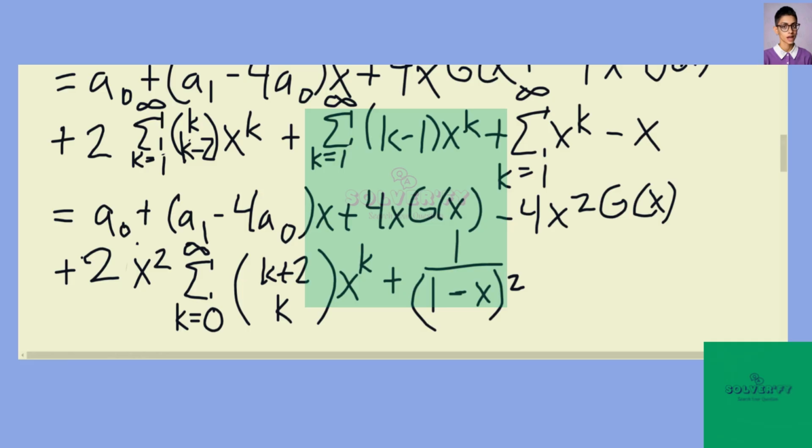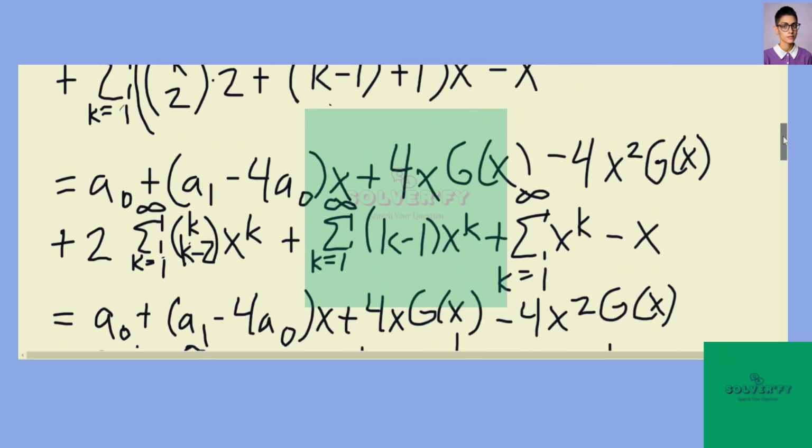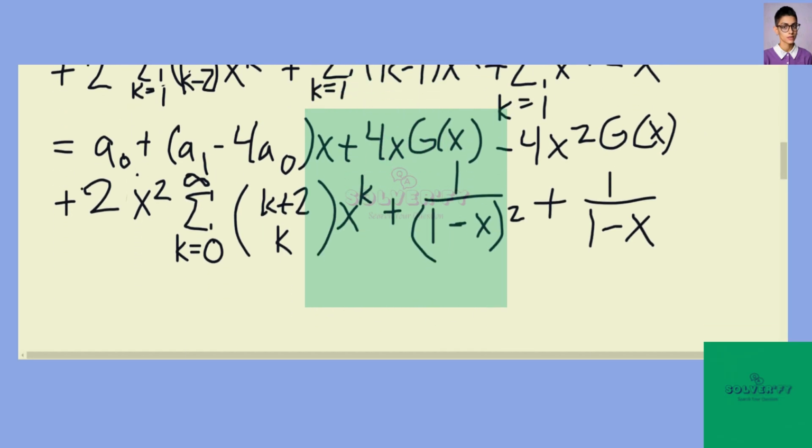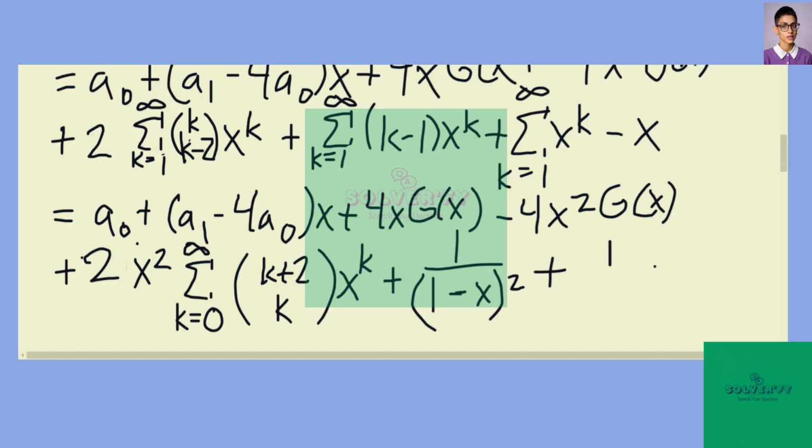We can also factor out an x, so we get 1 over x minus 1 squared, just the same, and then add to that 1 over 1 minus x.